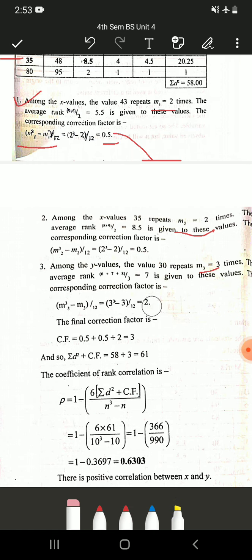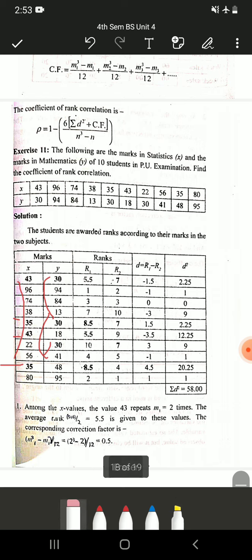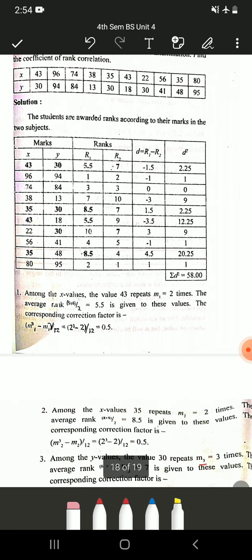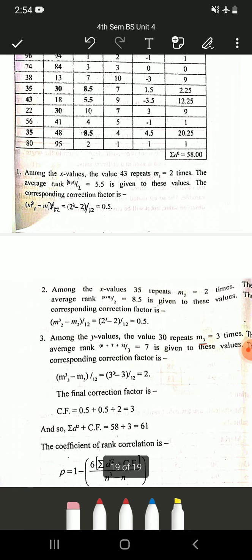So the interpretation is same like you do for the other problems on correlation. The only difference is here the ranks are repeated. So I'll repeat once again. Here we have to take the average rank and assign it to the values which are repeated, and then take the correction factor of that particular value of m, and then add all the correction factors and then substitute in the formula.